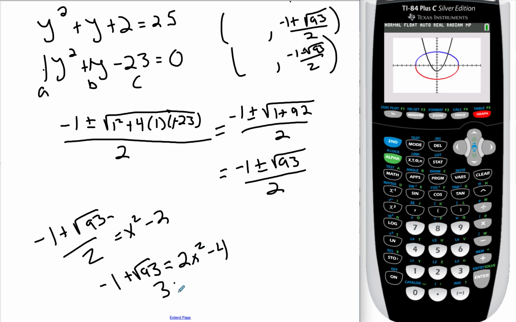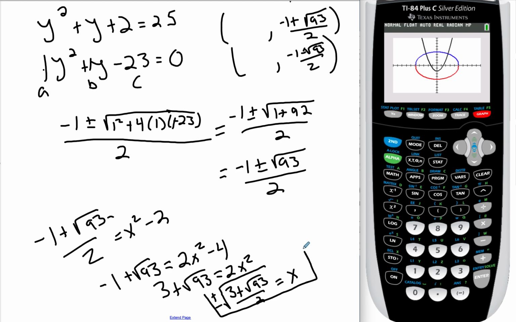Then I'll add 4. Then I'll divide by 2. And then I will square root. This is going to work out, and I know that because this is a positive, this is a positive, that's a negative, and I'm going to get plus or minus this. And it looks complicated. I'll tell you this. This is more complicated than what you're going to see on a quiz or a test.